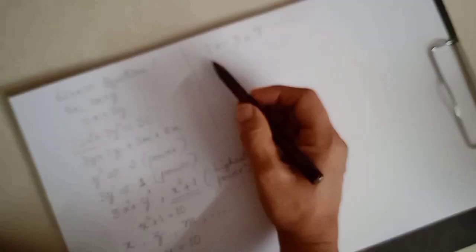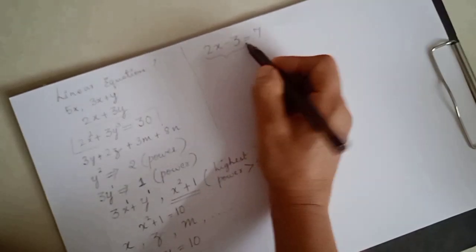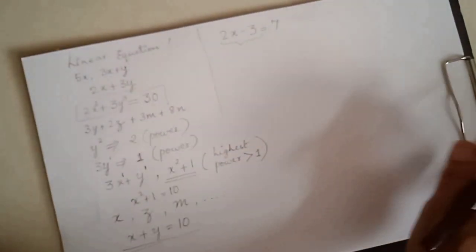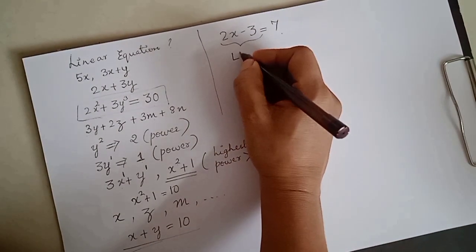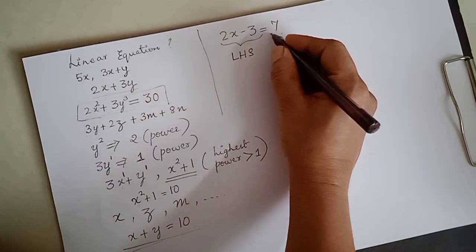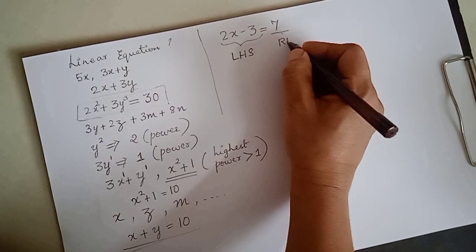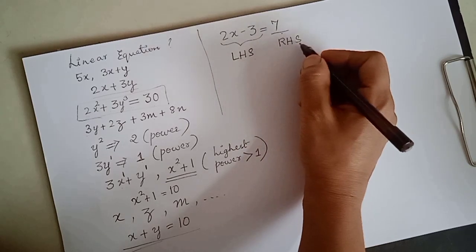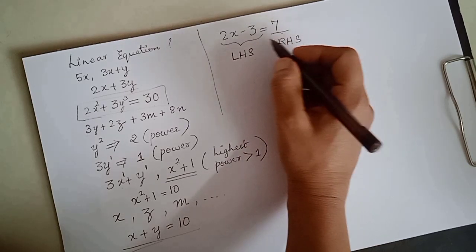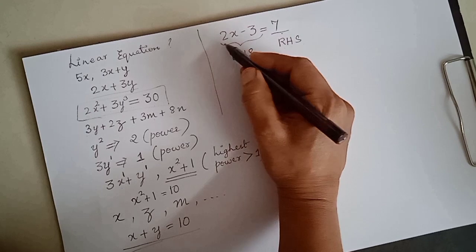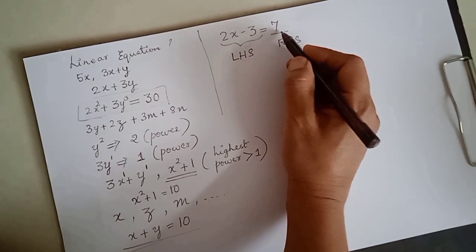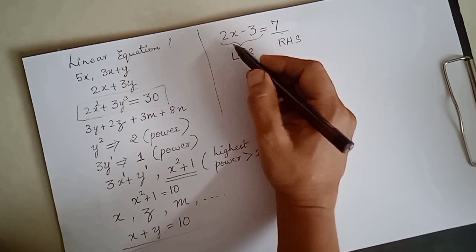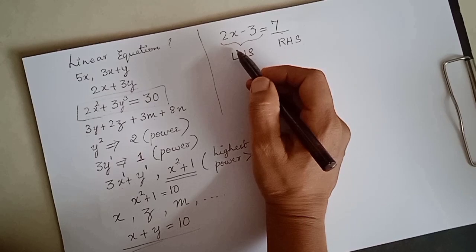Now this algebraic equation, this part you are going to call as LHS, and this part you are going to call as RHS. Left hand side, right hand side. 2x minus 3 is equal to 7. Here in this equation there is only one variable. What is the variable?